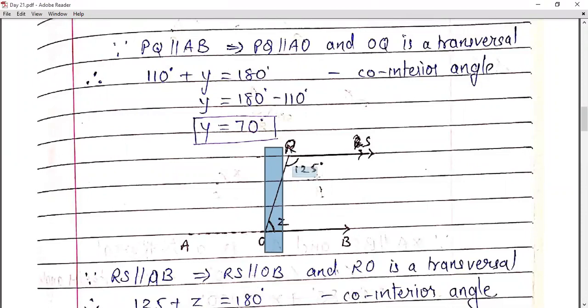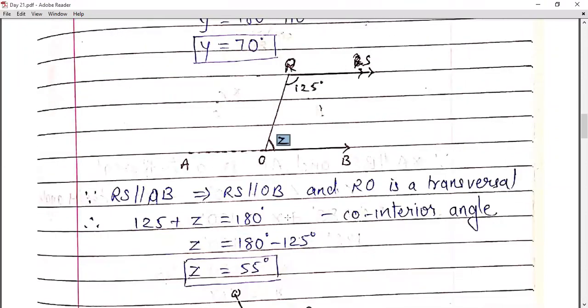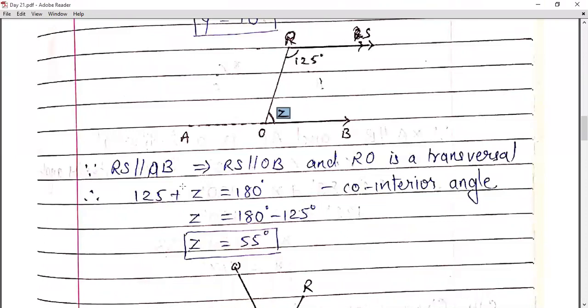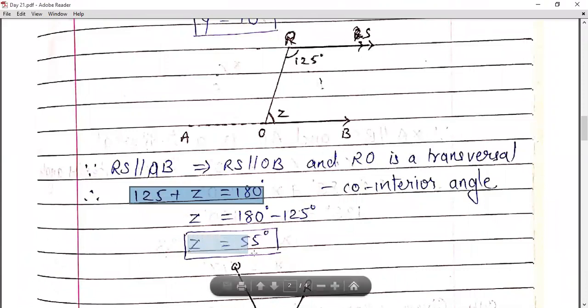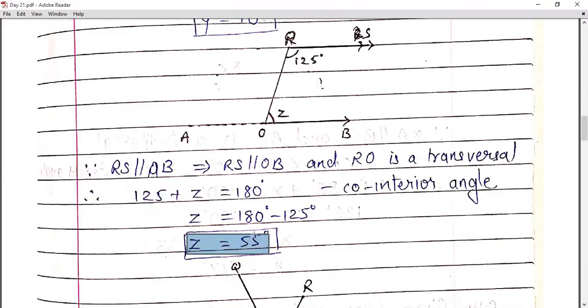Hence, 125 degree and Z, they both are co-interior angles. They will be supplementary, or the sum of these two angles will be 180 degrees. Solving for Z, you will have Z as 55 degrees. You got angle Z and angle Y.